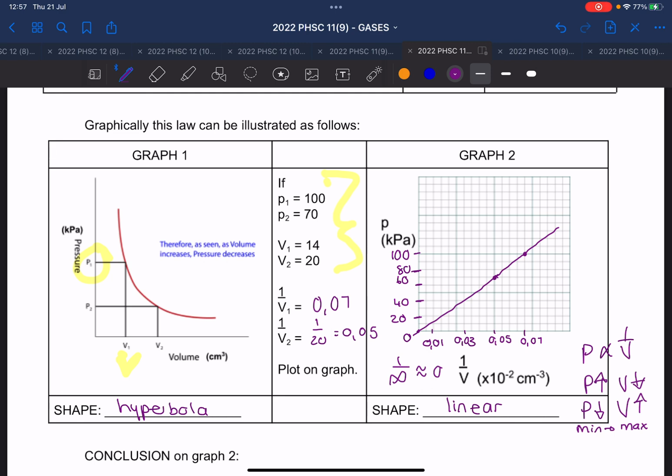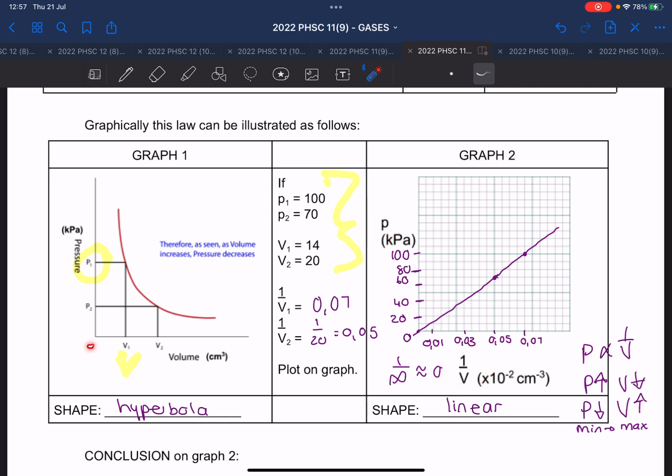So are we not proving that if volume increases, pressure decreases? Yes. So these are exactly the same, but this one is pressure against volume, and this one is 1 over volume against pressure.